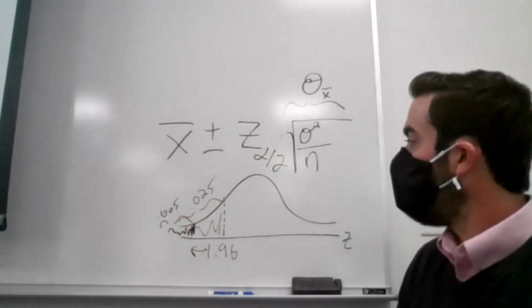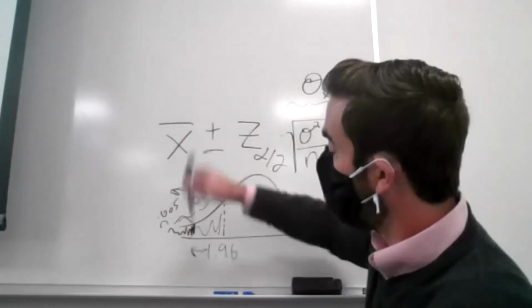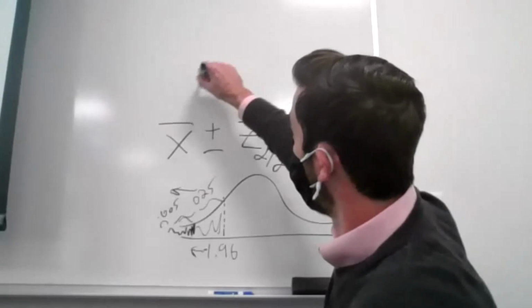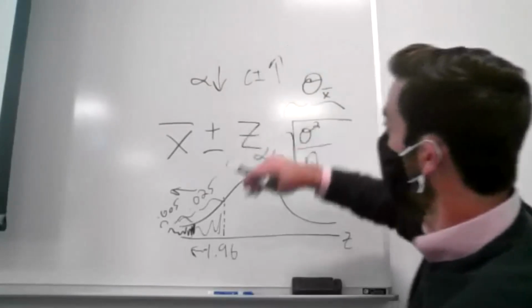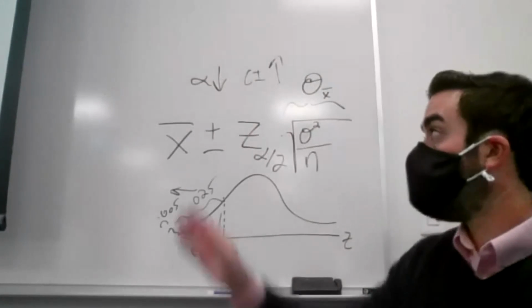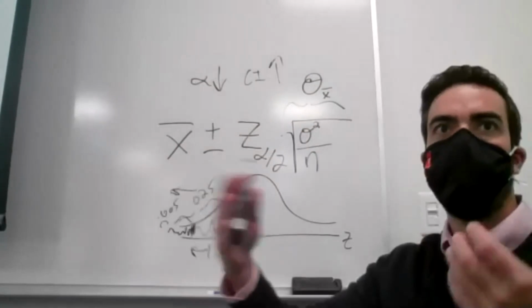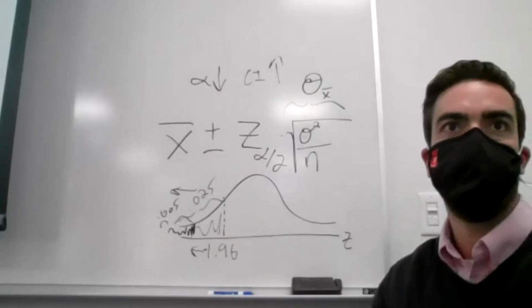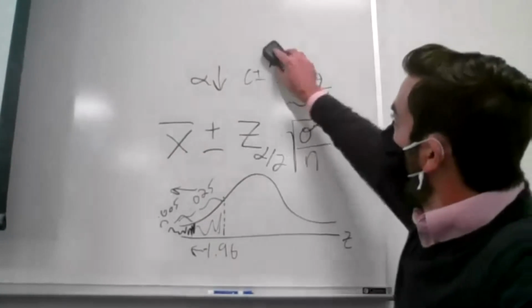So as alpha goes down, that would give us a higher z-score. We're adding a higher number to our sample mean above and below. We're going to get a wider confidence interval, or a larger confidence interval. Okay? So that's the first thing.